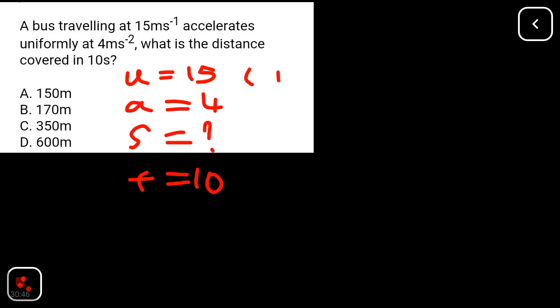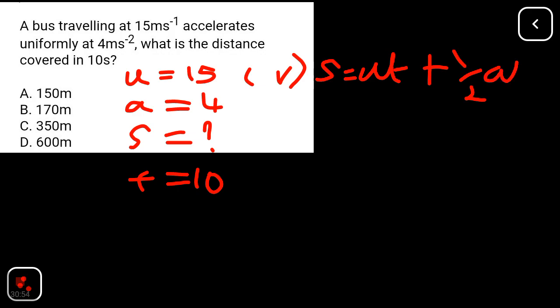You are also not given v, so you can still use the last equation, s equals ut plus half at squared. This time we are given the initial velocity, so it's not 0.